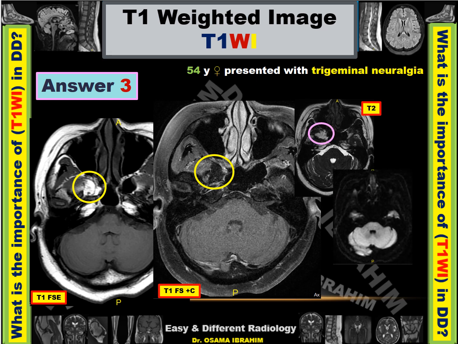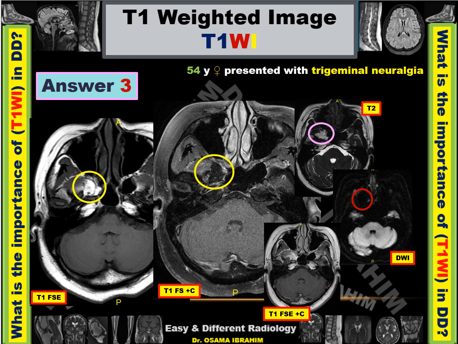And this sequence has a hazy outline, and the CSF appears dark. So this is a diffusion weighted image, and at the site of the lesion there is no abnormal high signal. And this sequence represents T1 fast spin echo, because the subcutaneous fat is not suppressed, so this is not fat suppression, and with contrast, because the vessels appear slightly enhancing or opacified.